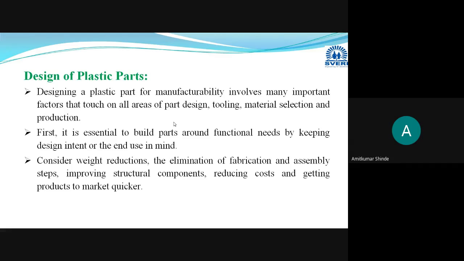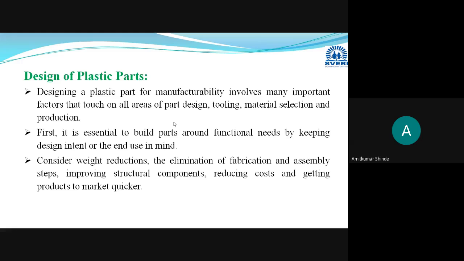After that, you have to keep in mind which material you are going to use for manufacturing that design, which tooling, and which production method you are going to apply. You should keep all these things in mind before designing that particular part.